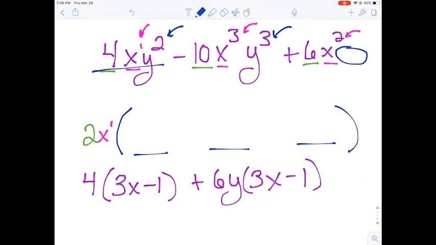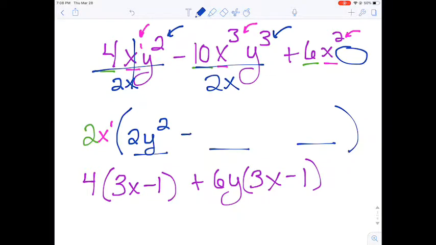So 4xy squared divided by 2x. Well, 4 divided by 2 is 2. x divided by x would cancel, and then the y squared would still be there. Negative 10x cubed y cubed divided by 2x.